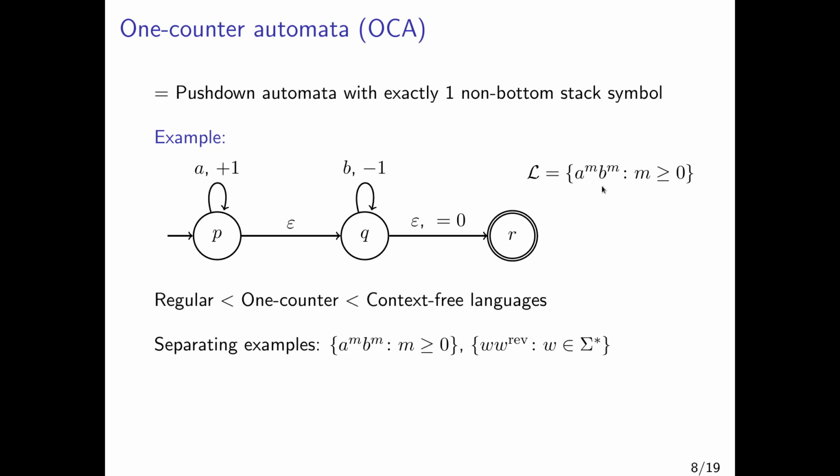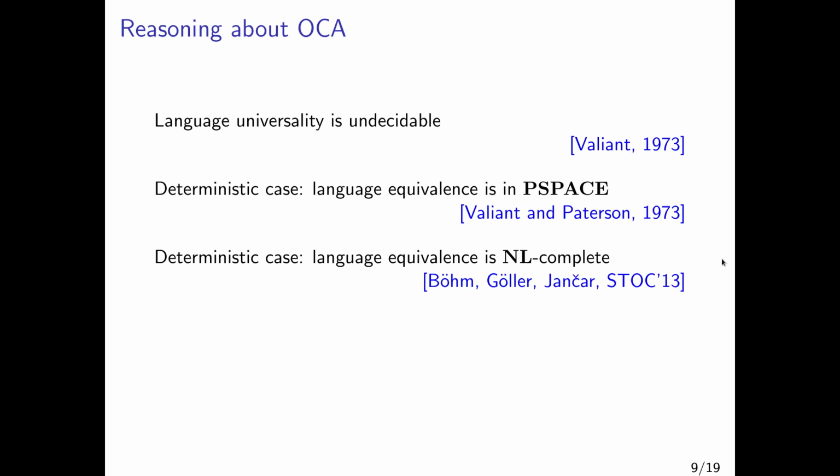Now, one-counter languages sit between regular and context-free. A to the M, B to the M is one-counter but not regular, but then WW reverse is context-free but not one-counter. So these inclusions are both strict. Reasoning about one-counter automata is quite difficult. Leslie Valiant proved in the 1970s that universality is undecidable, meaning checking that all finite words are accepted.